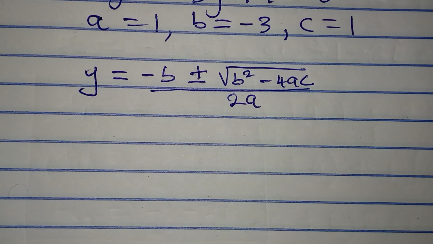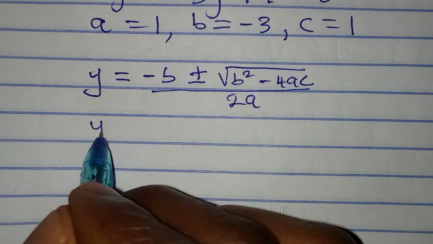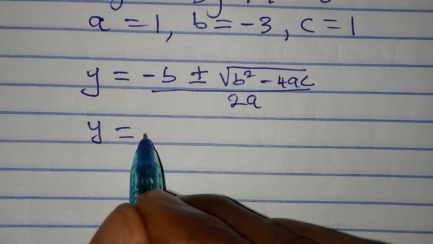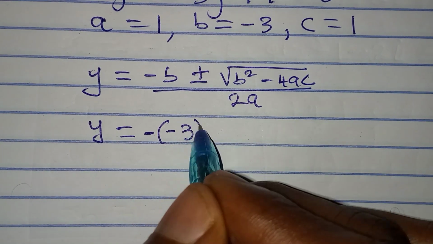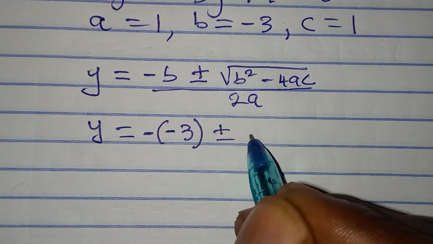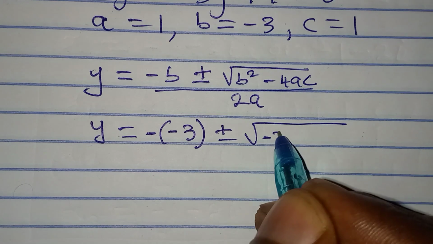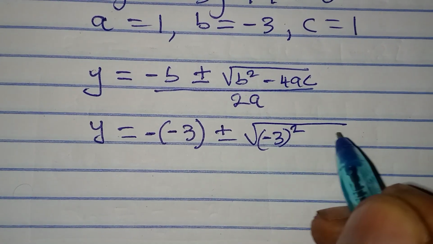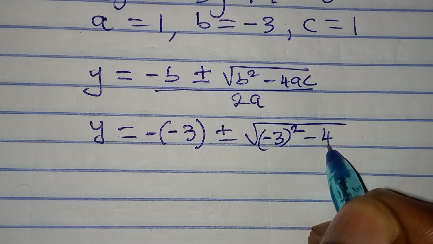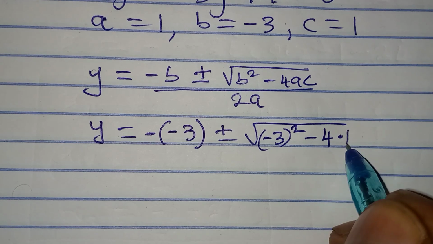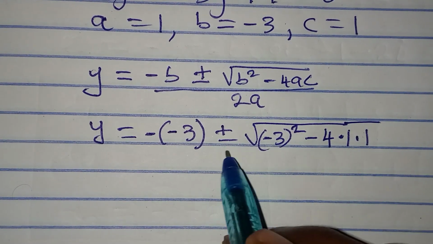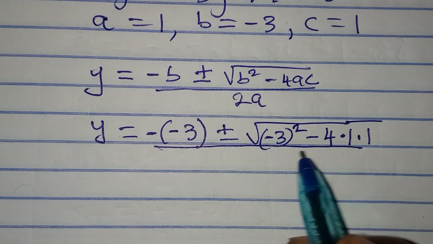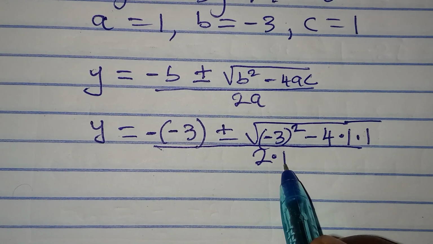Now we substitute, so that y will be equal to minus 3, because b is minus 3, plus or minus, we have minus 3 squared minus 4 times 1 times 1 because a and c are both 1. This is over 2 times 1.